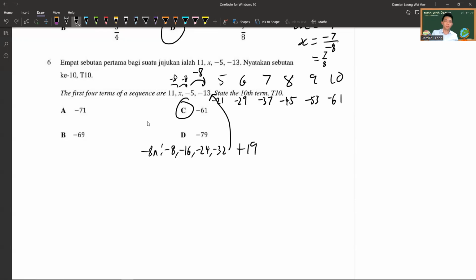So nth term is negative 8n plus 19. So term number 10: negative 8 times 10 plus 19, which is also negative 61. So it's up to you which way you want to do it. Both are acceptable.